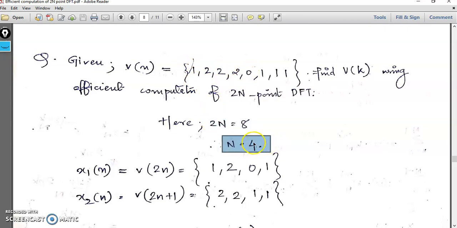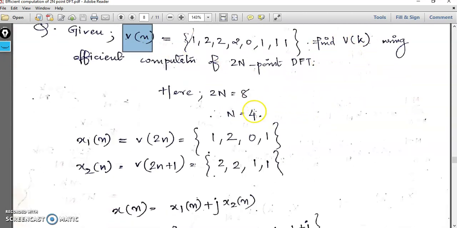Using a 4-point DFT, you want to compute the DFT of v of n, that is v of k. The first step is to split v of n into an even indexed and an odd indexed sequence, that is x1 of n and x2 of n.